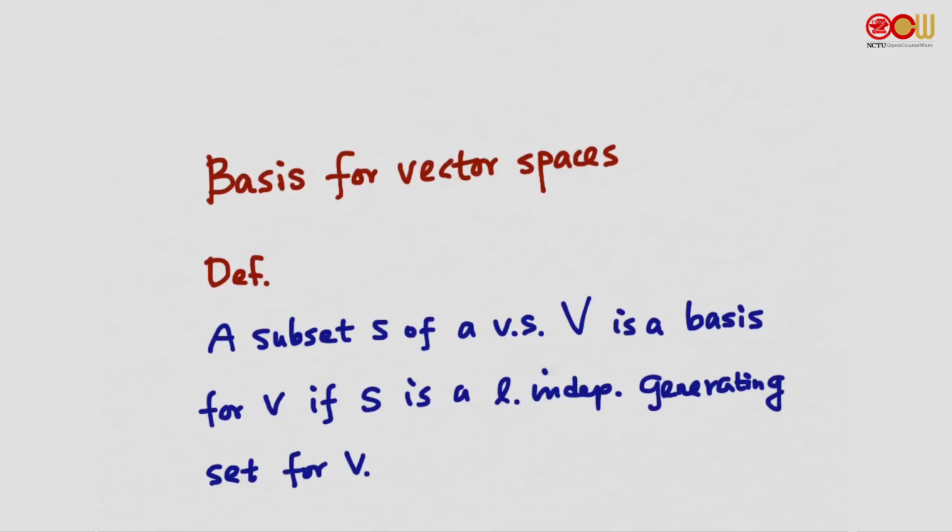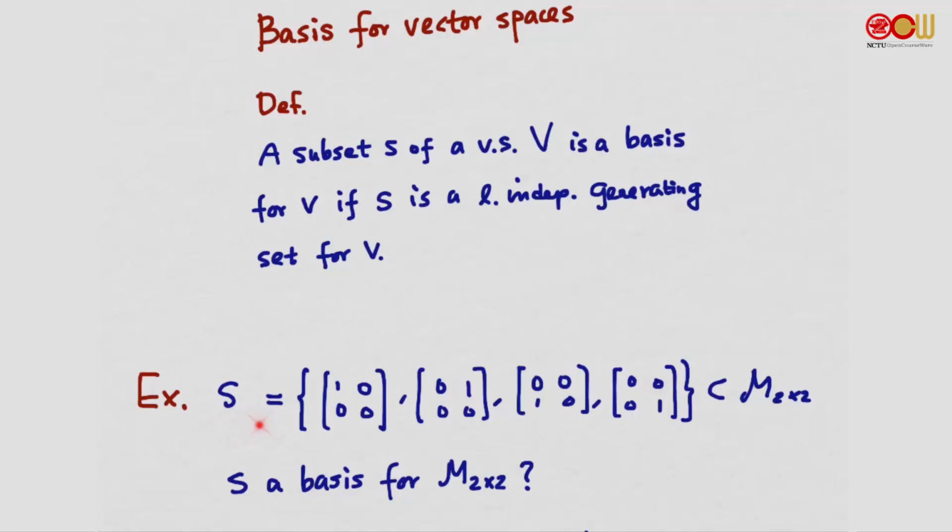Basis for vector spaces. The definition is the same as before. A subset S of a vector space V is a basis for V if S is linearly independent and it's a generating set for V. For example, S is this set of 4 vectors, a subset of M2 by 2.